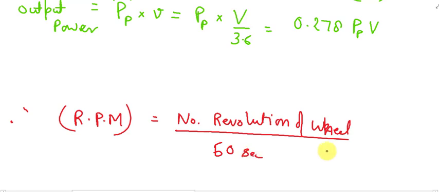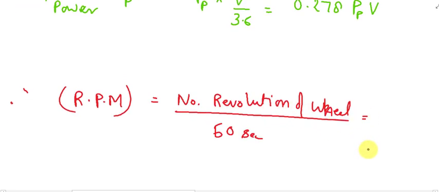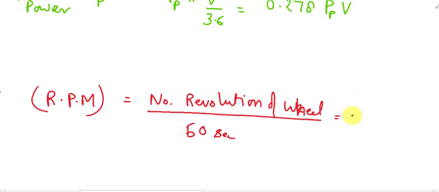Minute is equal to your 60 seconds. Number of revolutions is calculated as capital N divided by 60.